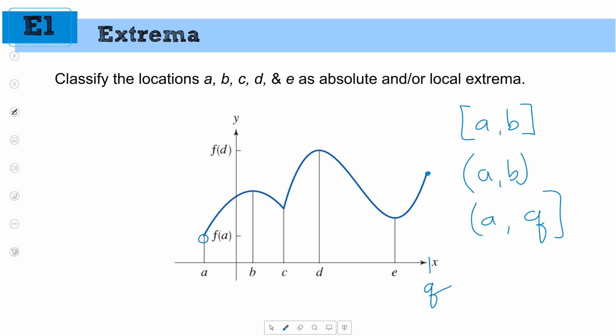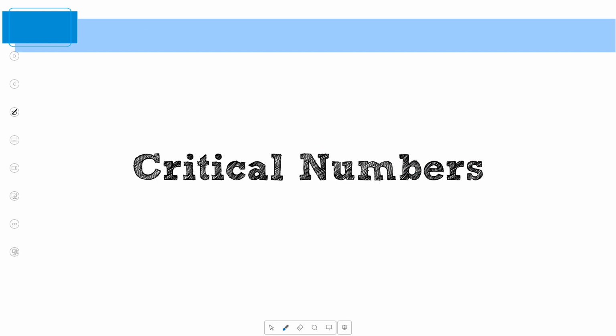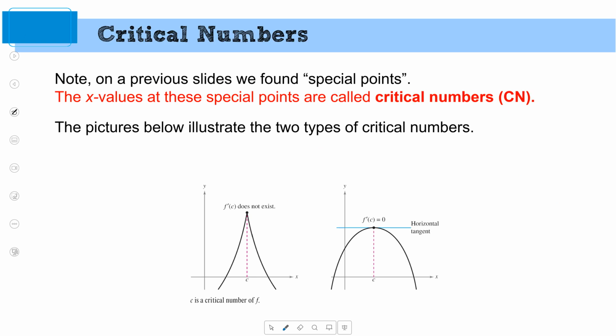Okay, it's a corner. We want to find these critical numbers, and 99% of chapter 4 involves finding these critical numbers. Because it's something that we're going to do a lot, we're going to take our time and make sure we know what we're doing.